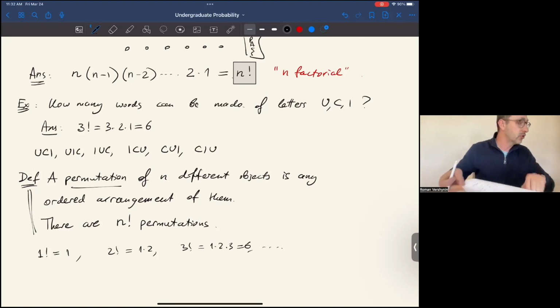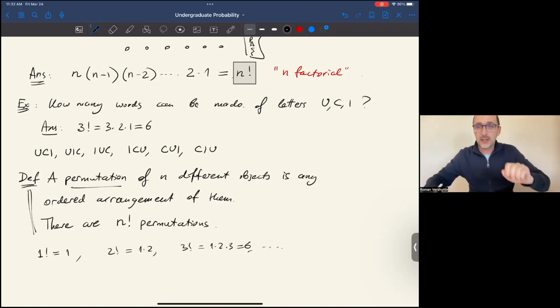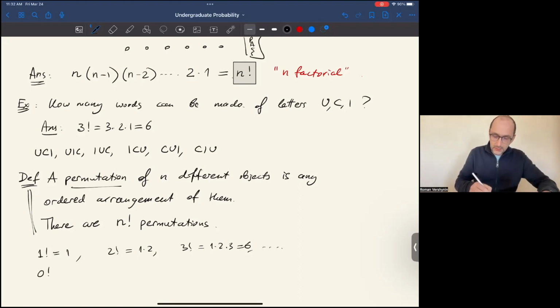There is one interesting convention here. What is 0 factorial? It is not very clear how to think about 0 factorial. How many ways can 0 people stand in line? How many words are there of no letters at all? So the convention is that 0 factorial is set to be 1.